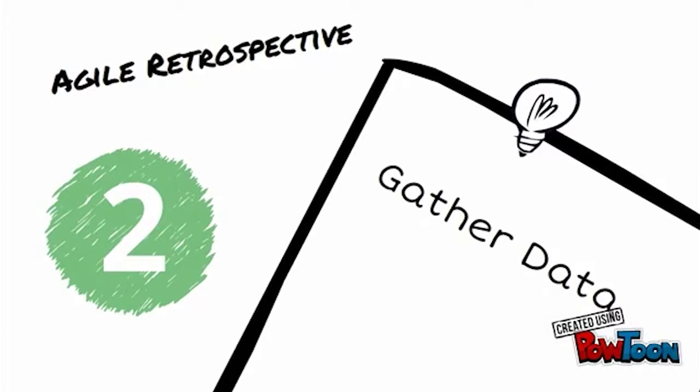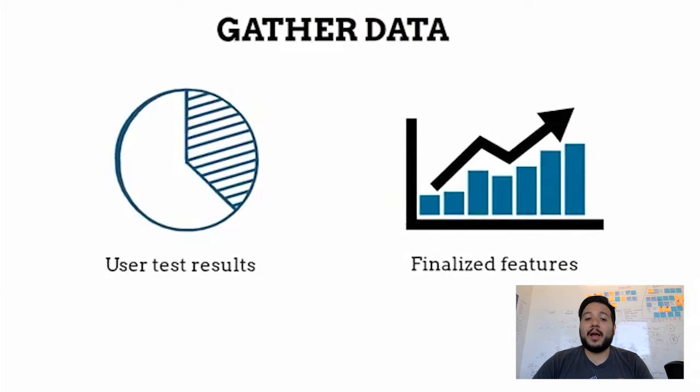Here, you will thank the team for investing their time in this activity, and also you can remind them why this session is important. 2. Gather data. Now it's the moment to gather all the data you have from the previous sprint. User testing results, the number of features finalized versus objectives set at the beginning of the sprint, you name it.